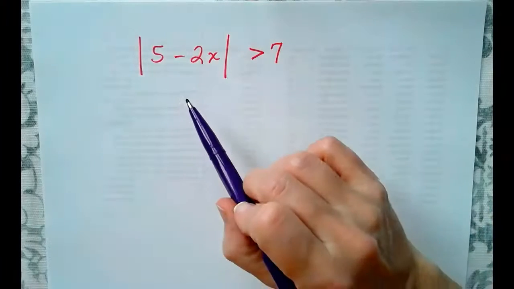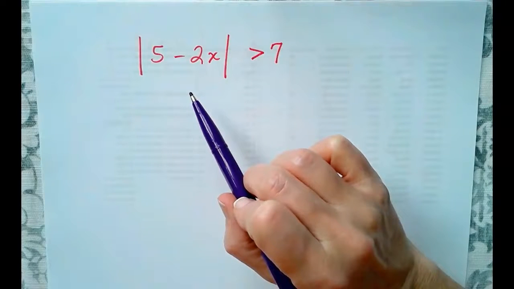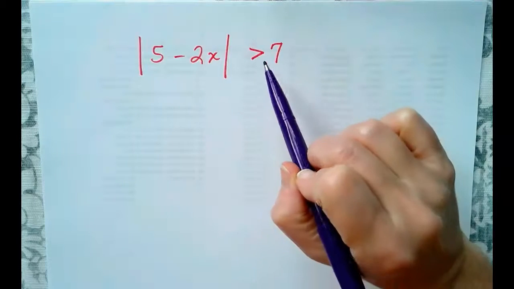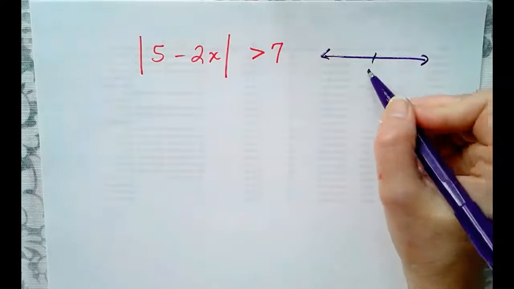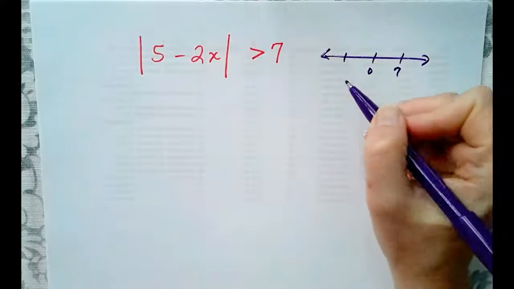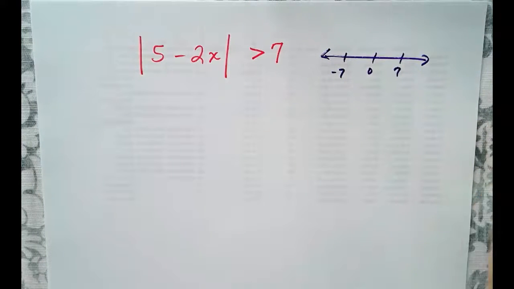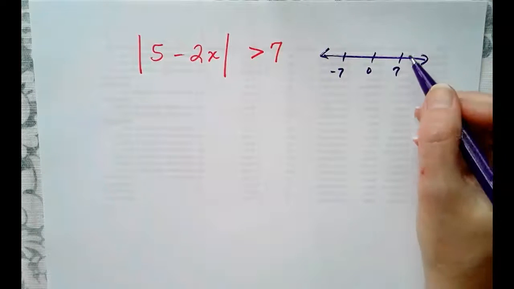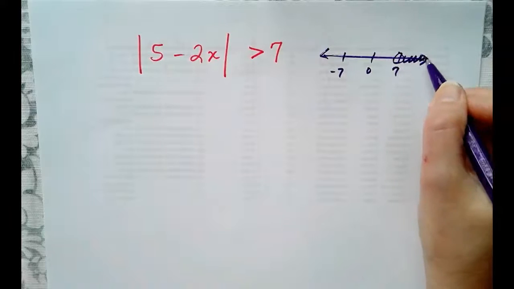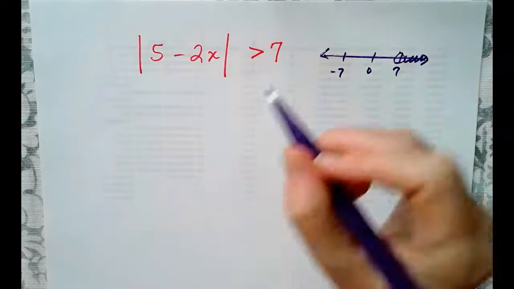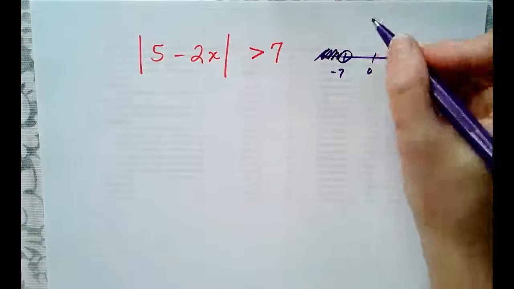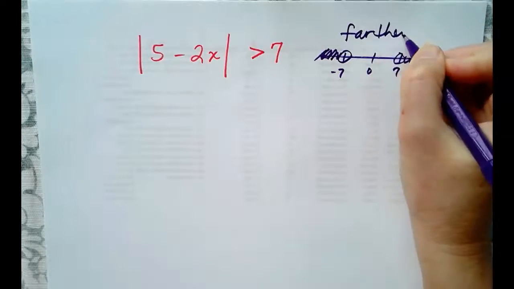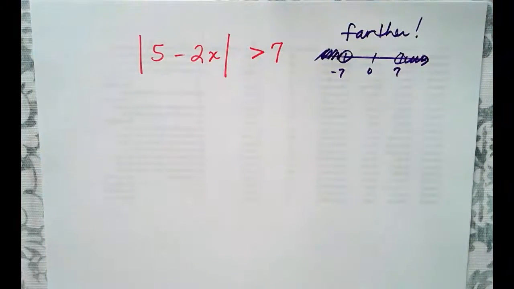Next problem. The absolute value of 5 minus 2x is greater than 7. So consider what's bigger than the absolute value of 7. So obviously everything to the right of 7, or everything to the left of negative 7. So the farther that you get away from 0, the greater the absolute value.